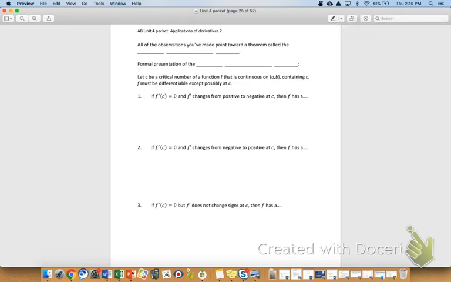That's what goes in the blanks. First derivative test, there we go. And this is not a creatively named thing, because quite literally, this first derivative test tests the first derivative.